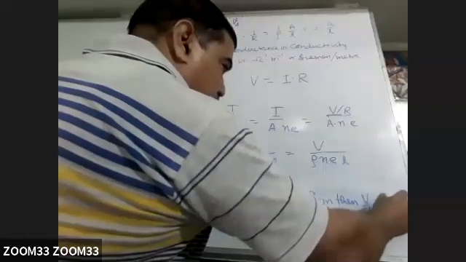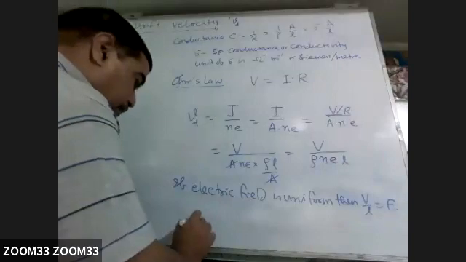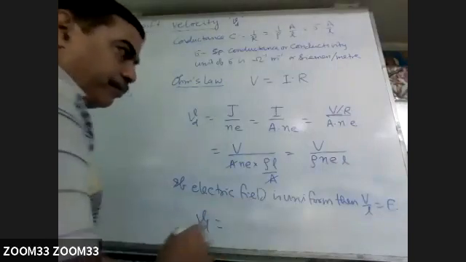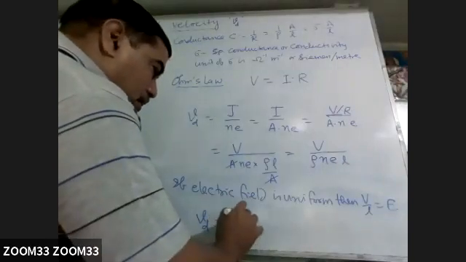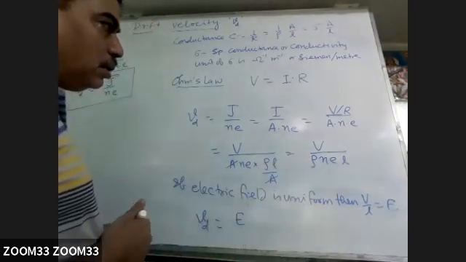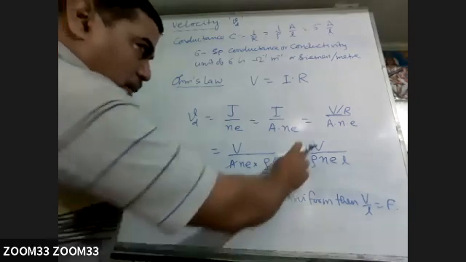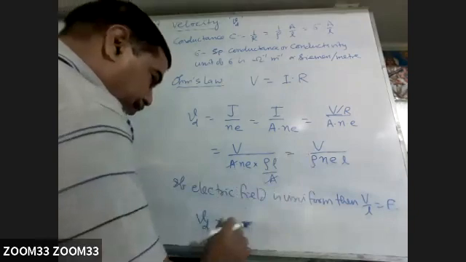V by L is E. So this drift velocity is, okay, 1 by rho we can write as sigma.